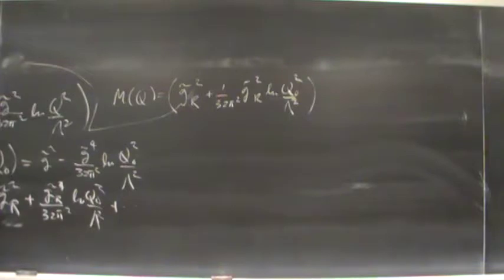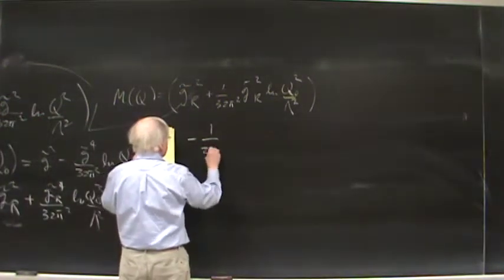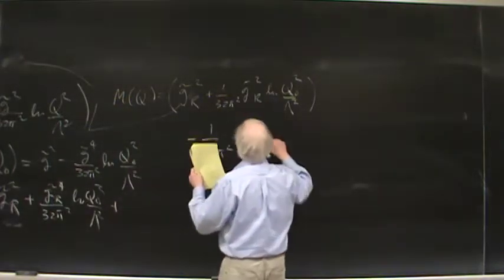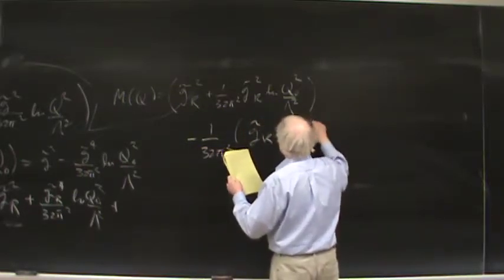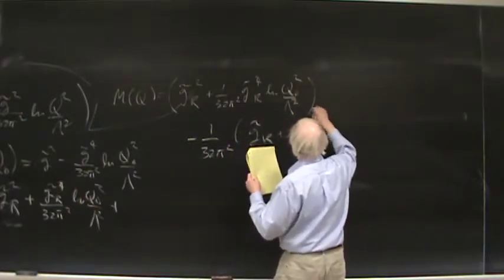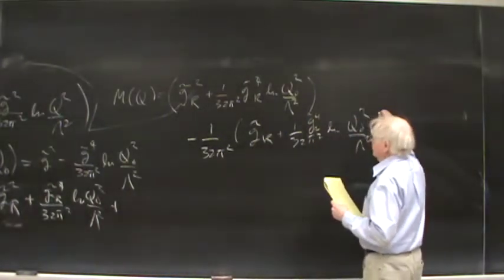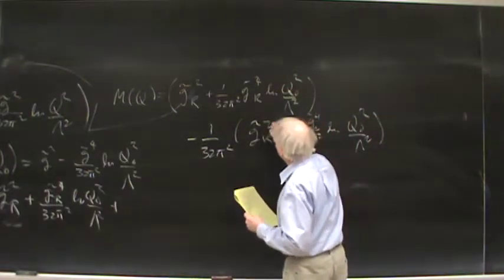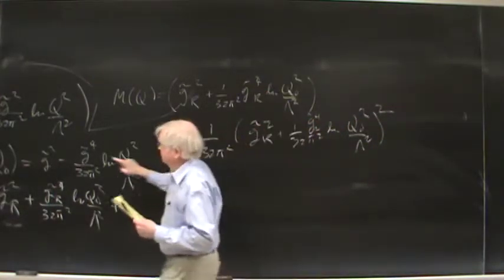Then the next term is minus 1 over 32 pi squared G tilde R squared to the 4th, log Q0 squared over lambda squared. That's this term.